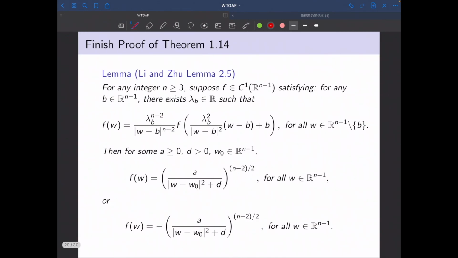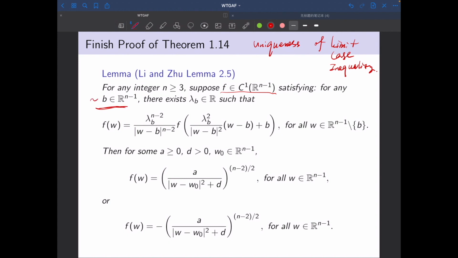In order to finish the proof of this theorem, which is uniqueness of the limit case inequality, we need the help of the calculus lemma, which was used by Yan Li and Meijun Zhu. This says that for any function that is C1 in Rn-1, you consider any point B in Rn-1.